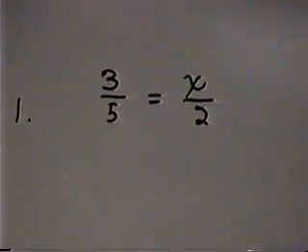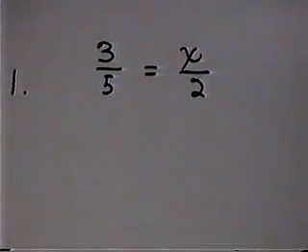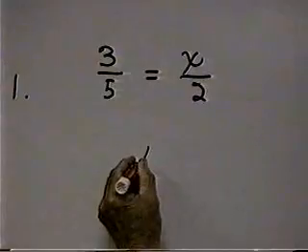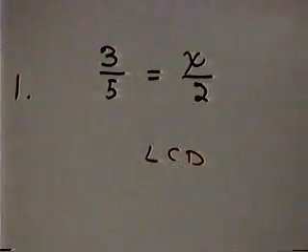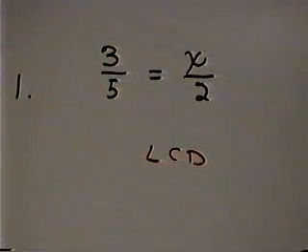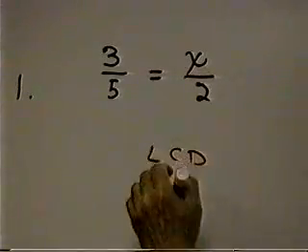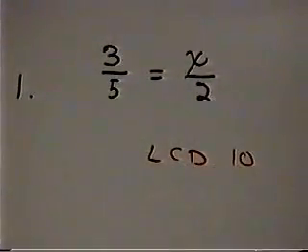Okay, now here's where it's different. First thing you do is determine the lowest common denominator. All right, so the lowest common denominator in this case is 10. Now, listen.